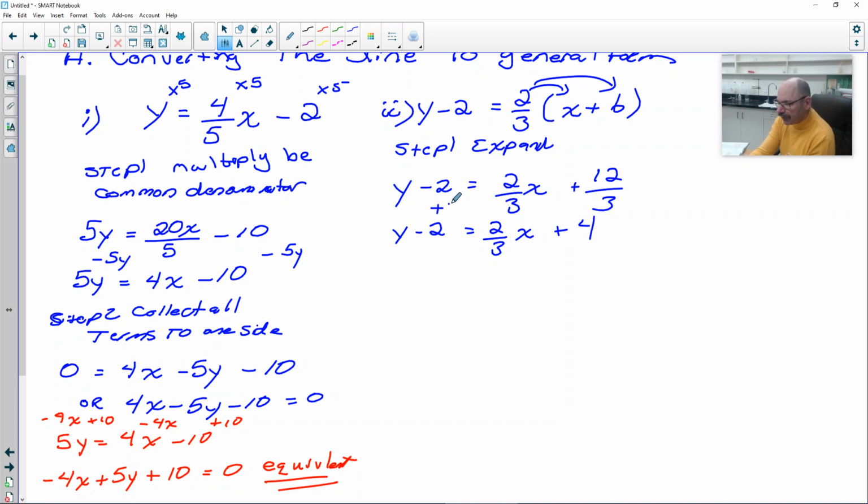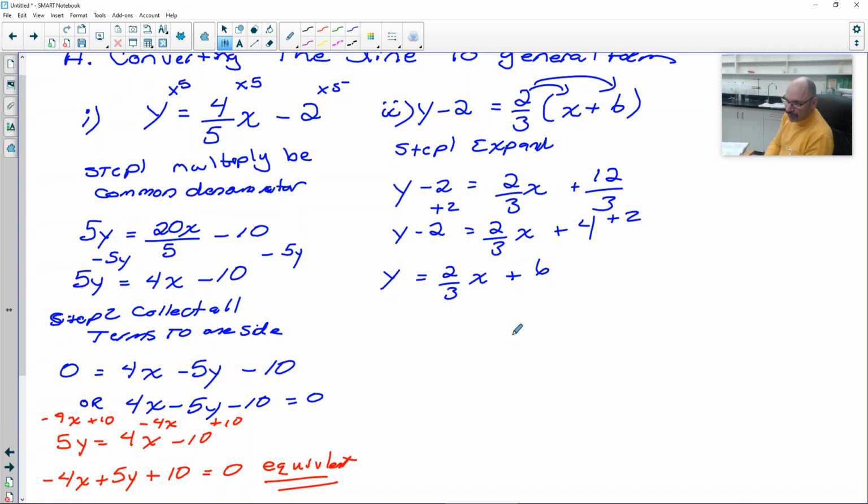Add 2 to both sides. Now you're doing the exact same thing you did in the first step, right? You now have it in slope-intercept form.